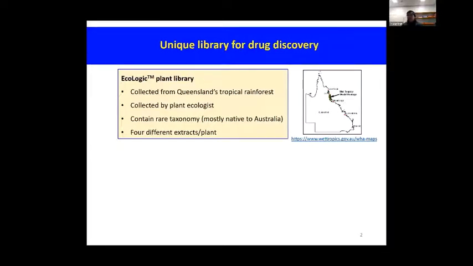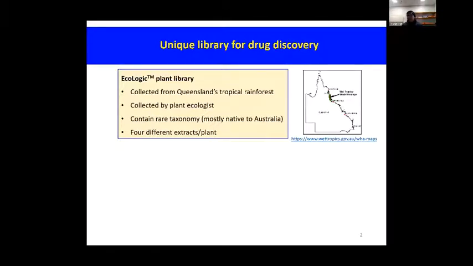Even though the Queensland tropical rainforest occupies just around 0.1% of the whole Australian continent, it is considered a global biodiversity hotspot.